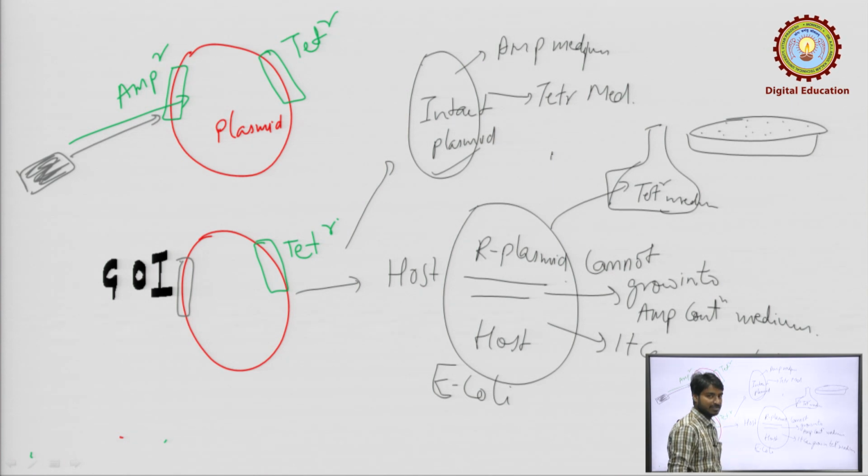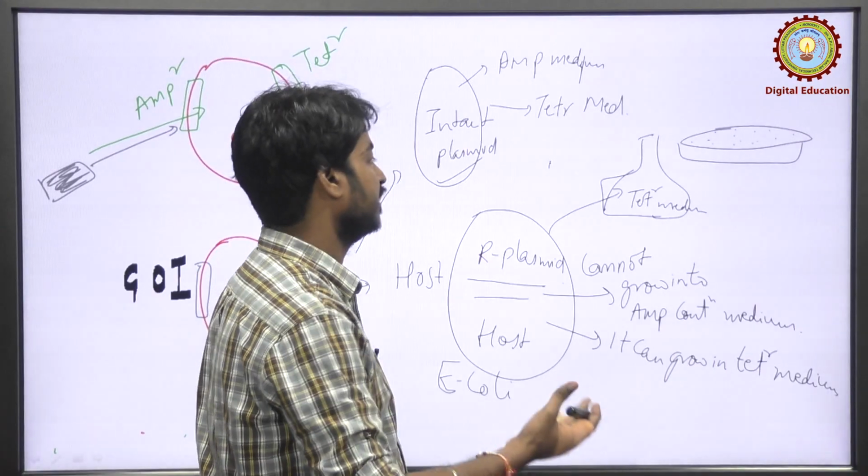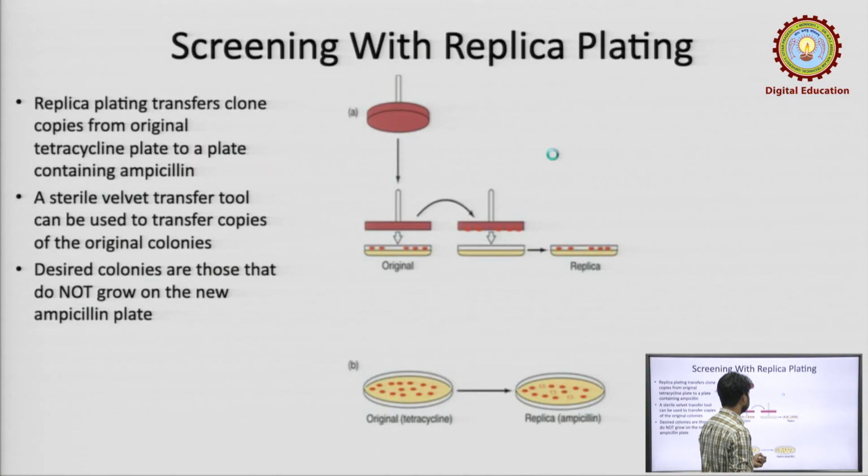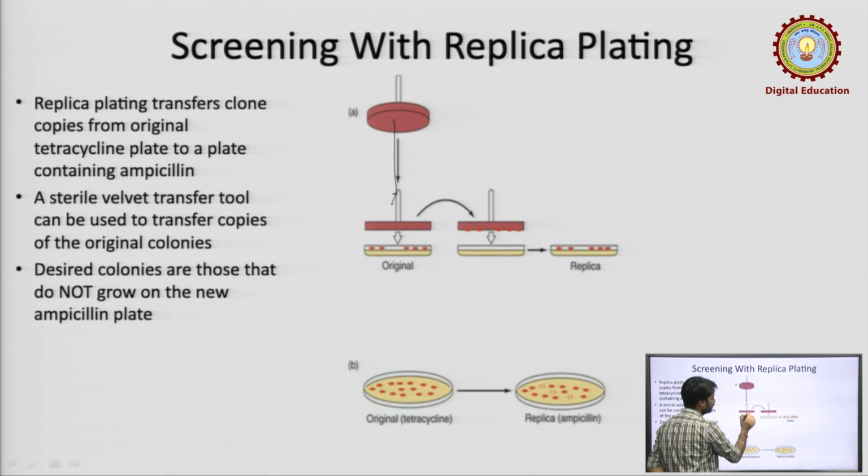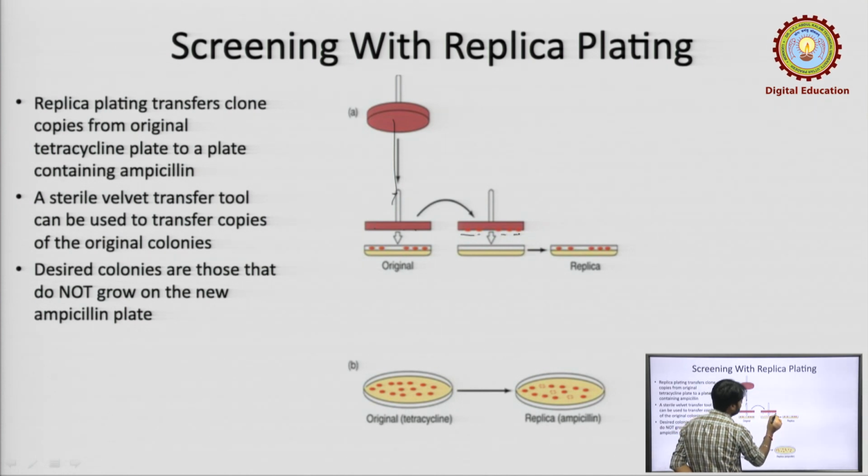We will take a sterilized velvet. This is the velvet. We will use the replica plate method, and we will put the velvet on this plate, the plate I have shown in the earlier slide. The colonies will attach to the velvet.